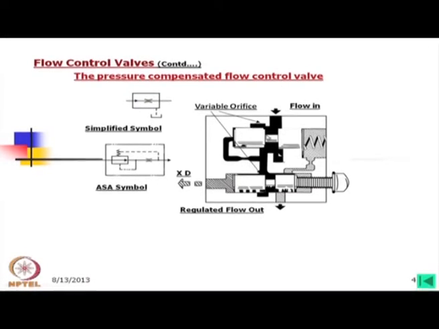In normal conditions, if this spool does not move, there will be no change in flow through this orifice, but once there is a change in flow here, there will be a change in pressure difference in this orifice also. Suppose on this side the pressure has increased, automatically this will be slightly closed and this area will be reduced, and then again the same amount of flow will be maintained with this pressure difference.